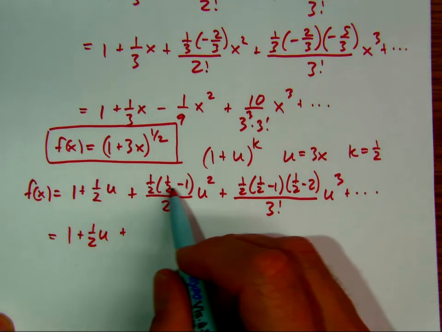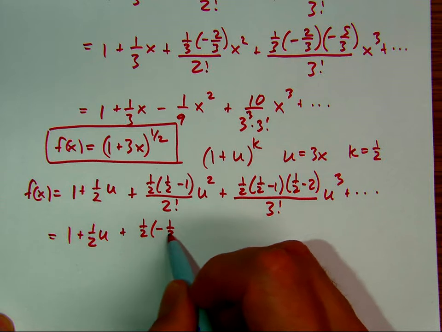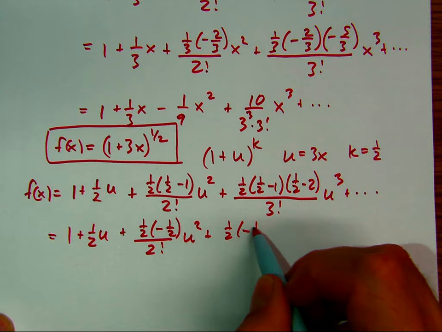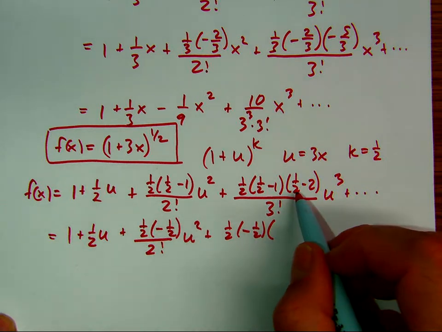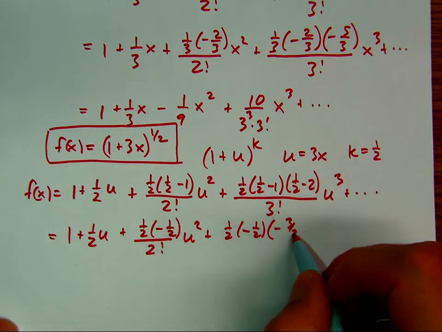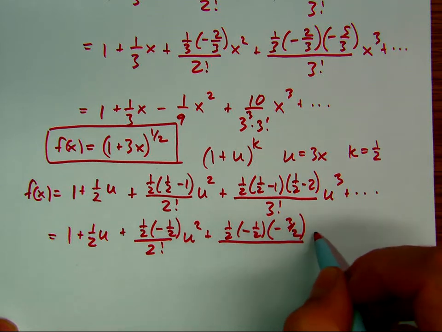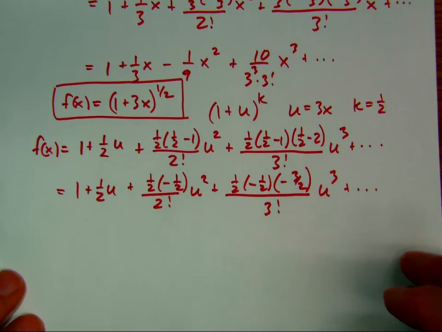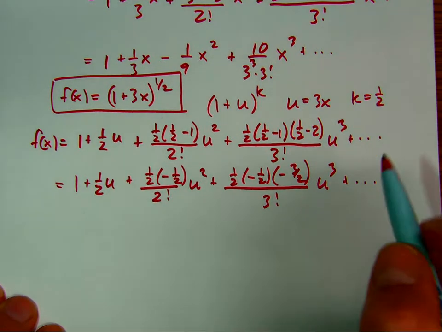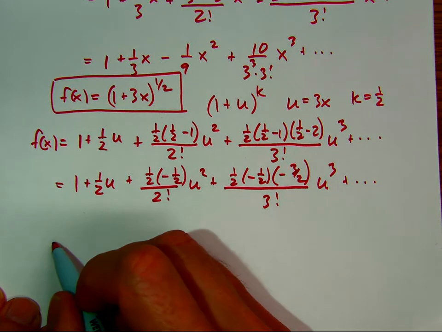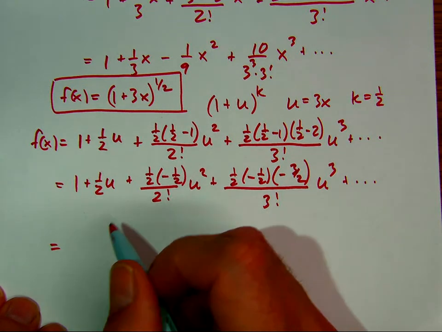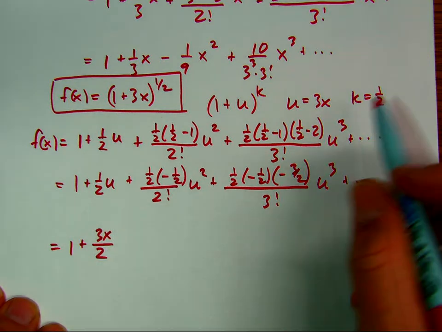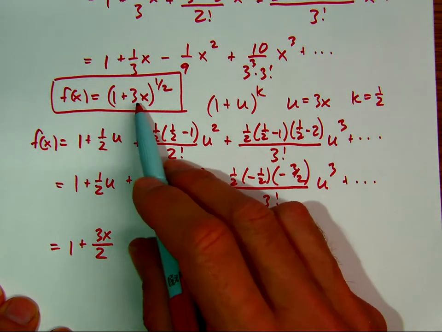So it's 1/2, that'll be a negative 1/2. Negative 1/2 there, and 1/2 minus 2 would be a negative 3/2. Let's replace the u with a 3x, because u equals 3x from the beginning.